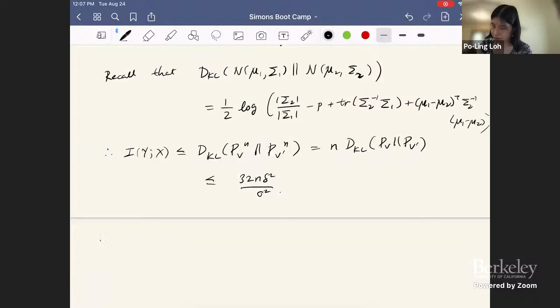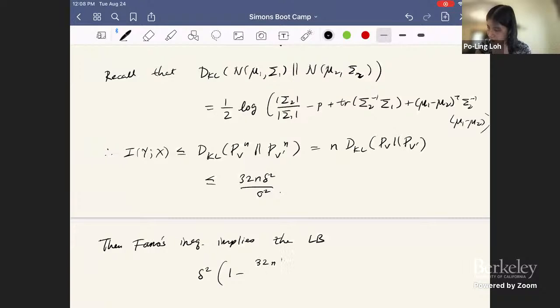So then Fano's inequality implies the lower bound of delta squared. So in Fano's inequality, we have phi of delta. Remember that phi is the squared function. And then 1 minus the KL divergence upper bound, 32 n delta squared over sigma squared. And there was a plus 1.